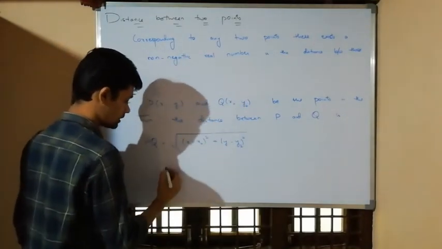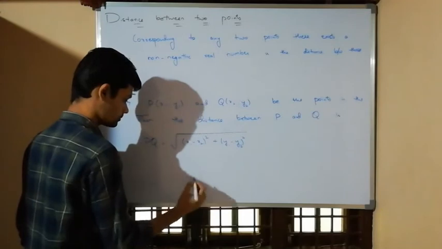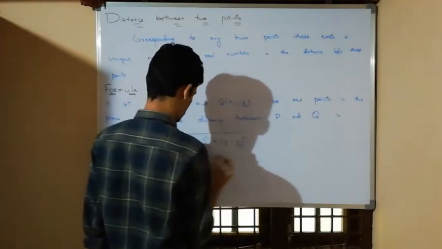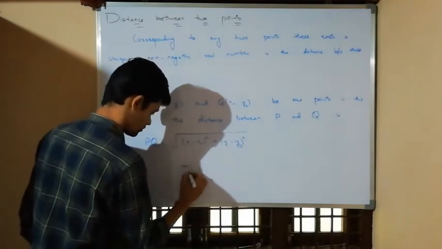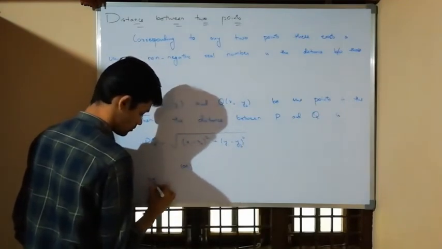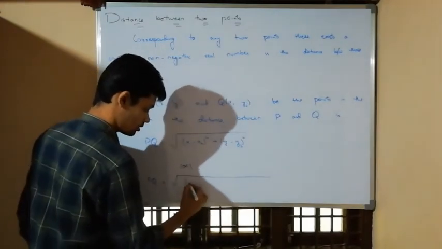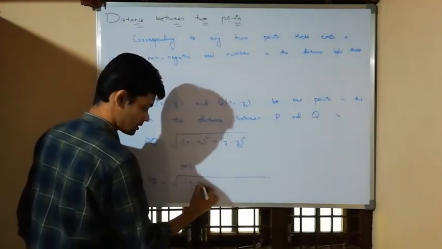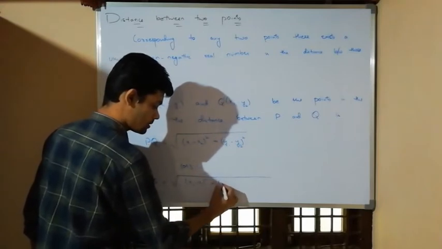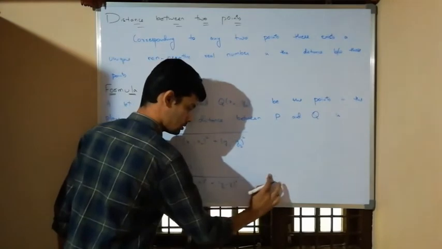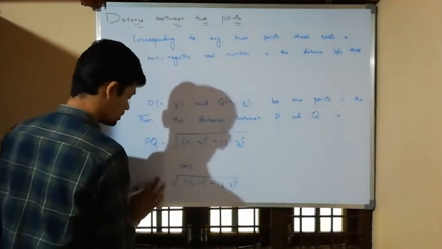This one is also written as under root x2 minus x1 whole square plus y2 minus y1 whole square. So here you can write QP.